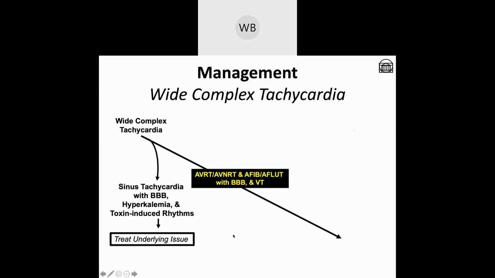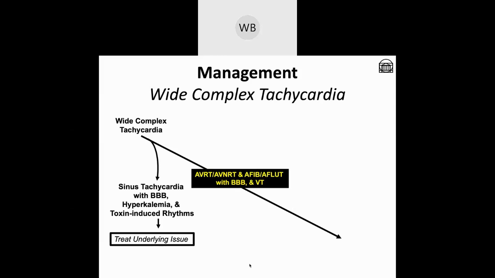Now, when we've removed those from consideration, we're left with AVRT, which remember is the wide complex tachycardia encountered in Wolff-Parkinson-White syndrome patients. So it's the antidromic atrioventricular reciprocating tachycardia. That's one of the possibilities. We could have AVNRT, so AV nodal reentrant tachycardia.